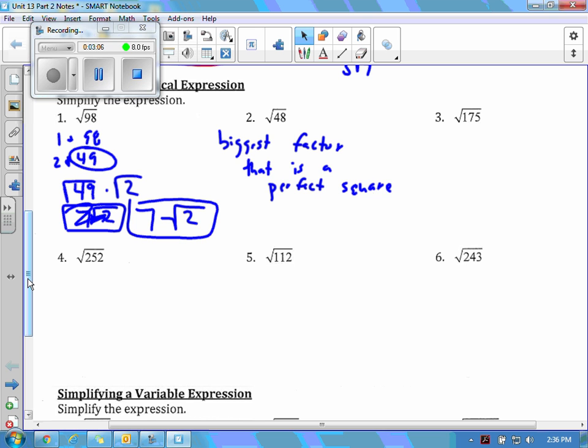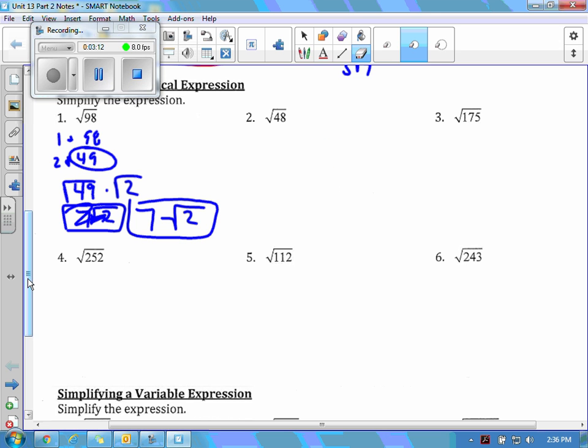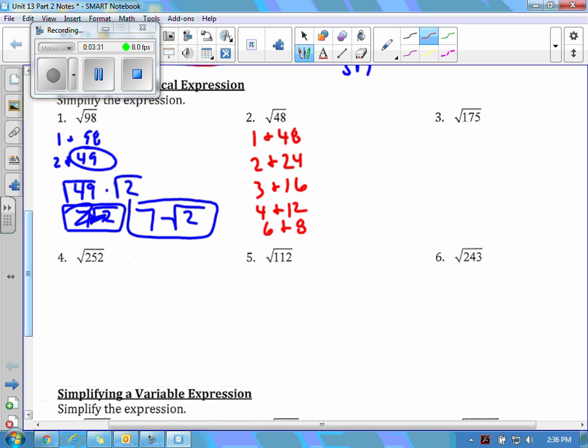Okay, so again, we want the biggest factor that's a perfect square. For 48, I know that I have 1 and 48, I have 2 and 24, I have 3 and 16, I have 4 and 12, and I have 6 and 8. So those are all my factors of 48. I want the biggest perfect square.